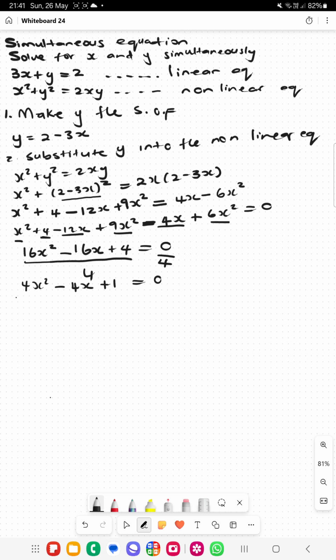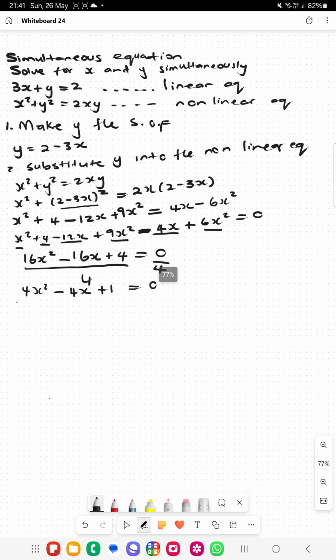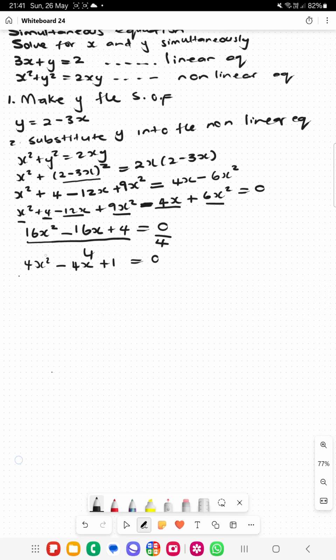Now you can decide here to use the quadratic formula, or you can factorize. I advise you, if you are struggling with factorization, from here go straight to the quadratic formula. Otherwise, if you are factorizing, you are going to have 2x minus 1 into 2x minus 1.